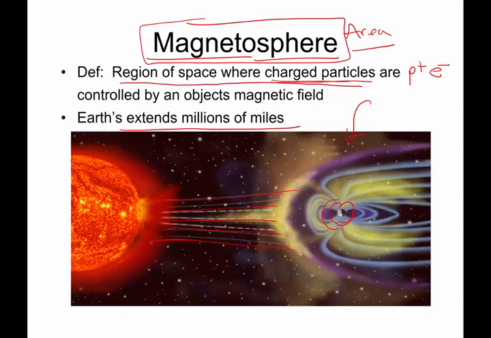Most of them are deflected around the planet by our magnetosphere, and that is a really, really good thing, because this solar wind can possibly cause a lot of mutations and a lot of cancers. Because we have a magnetic field on our planet, it's probably one of the primary reasons life evolved on planet Earth. Without that protective shield of the magnetic field, probably no life could have occurred.